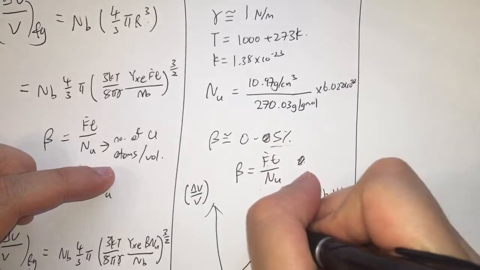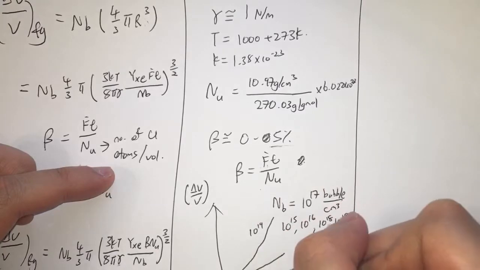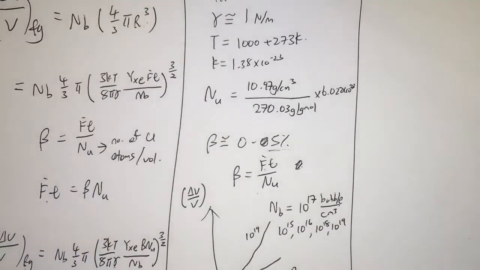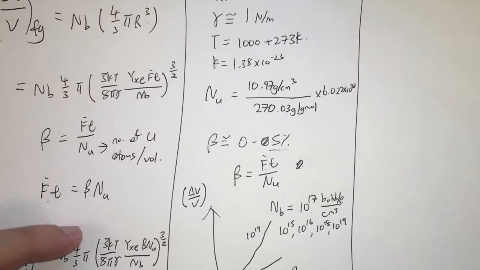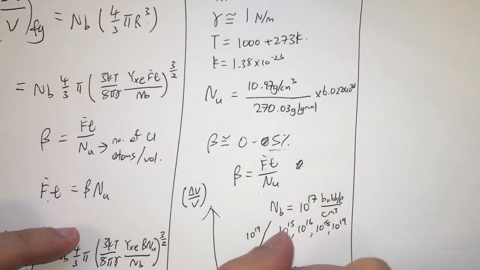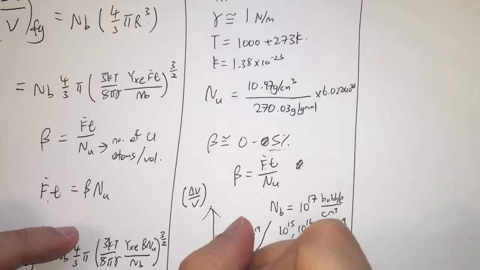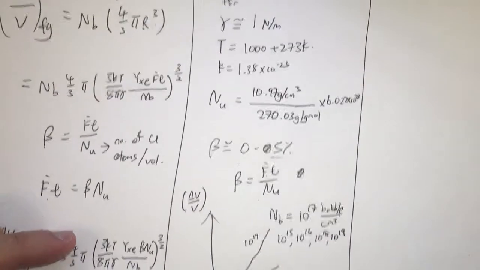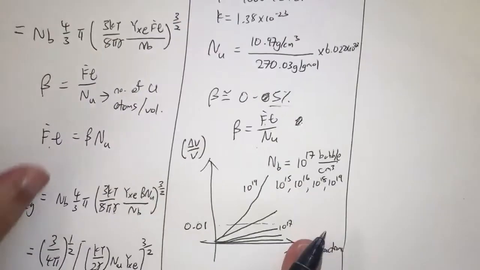So the last one is 10 to the 19, 10 to the 18, 10 to the 17, 16 and 15. And this is less than 1%. So this is 0.01 of the swelling fraction.